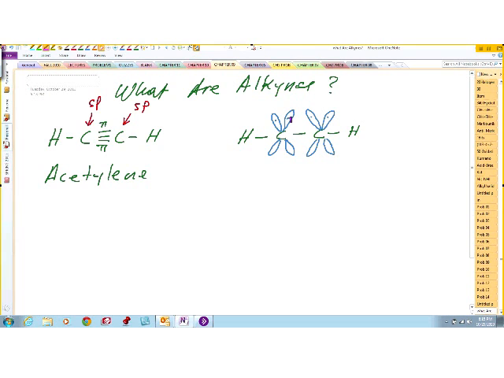You could imagine that this p orbital here will overlap with this, and this other p orbital will overlap. Each one of these overlaps of p orbitals will constitute your pi bond. So this will be your pi bond right here, and this is another pi bond right here, and of course these are your sigma bonds.